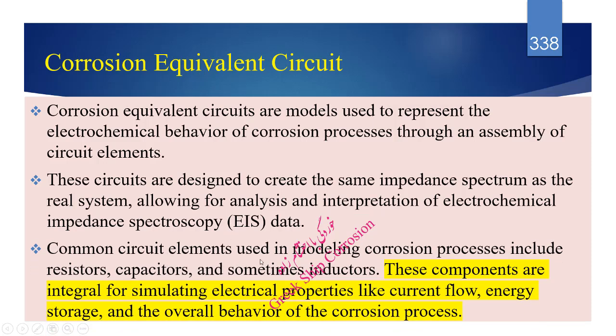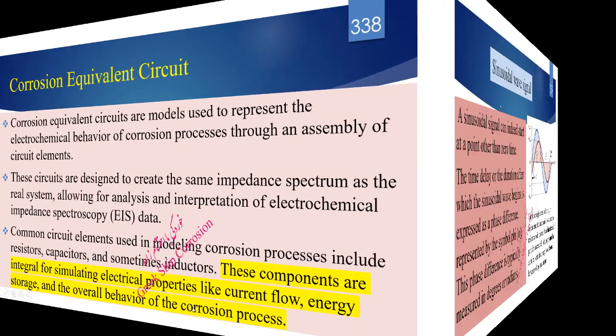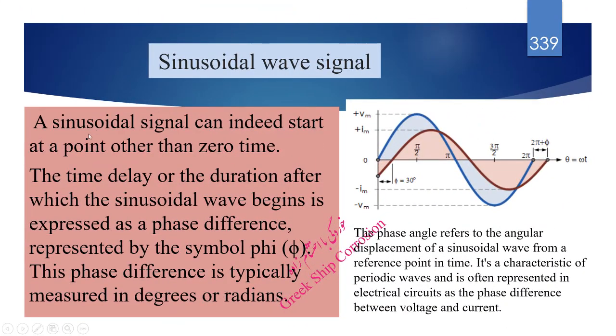Common circuit elements used in modeling corrosion processes include resistors, capacitors, and sometimes inductors. These components are integral for simulating electrical properties like current flow, energy storage, and the overall behavior of the corrosion process.